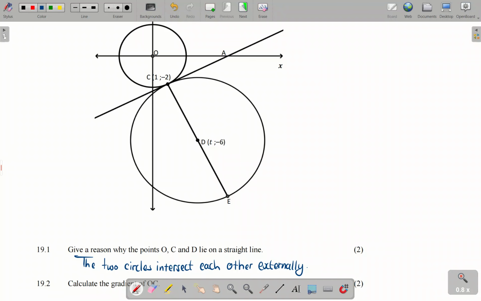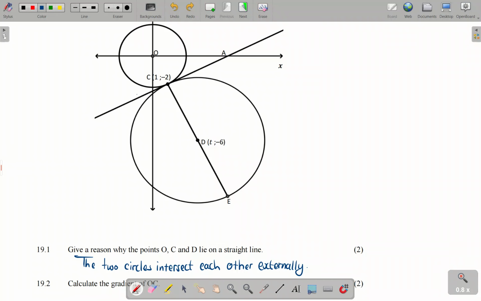So that's the reason, guys, why the points O, C, D lie on the same straight line, because of this line that passes through A, where the two circles intersect each other externally. So I tried my best, guys, to explain this.